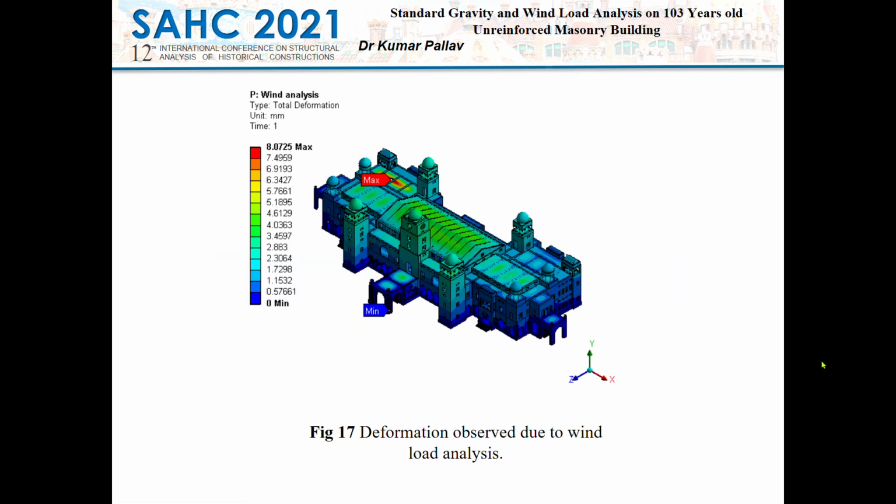So for the wind load, the total deformation has been observed on the back side portion of the building, and if you can see this portion, the maximum of 8.0725 mm of deformation has been observed due to the wind load.